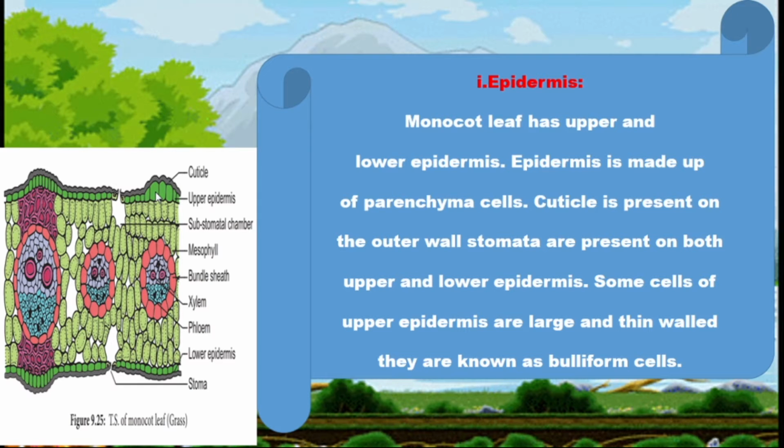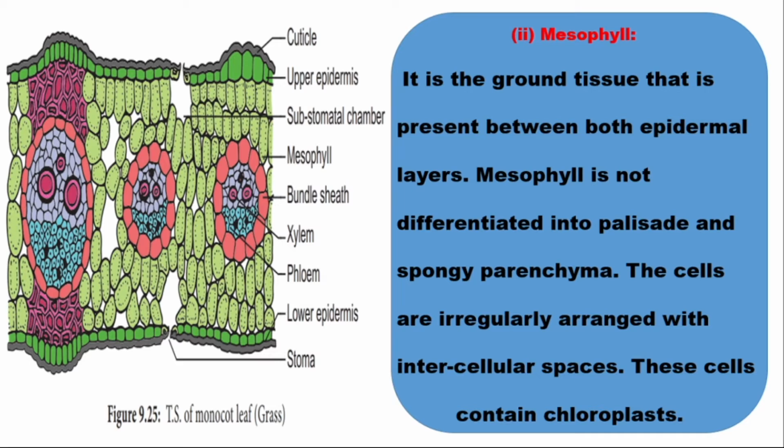Mesophyll is the ground tissue that is present between the upper epidermis and lower epidermis. What is the mesophyll? The region present in between the two layers, upper epidermis and lower epidermis, is called the mesophyll. Here, a special character: the mesophyll is not differentiated into palisade parenchyma cells and sponge parenchyma cells.